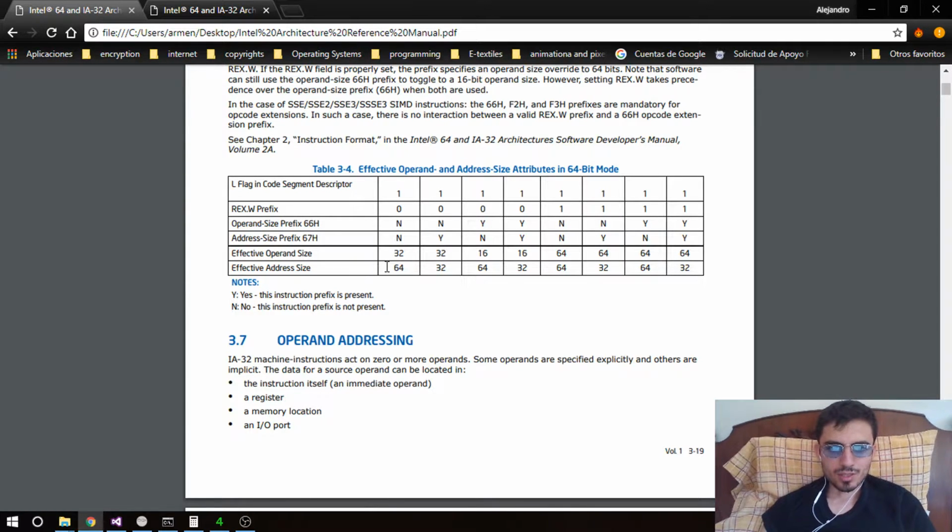But here the address size is never 16, is it? Just the operand.